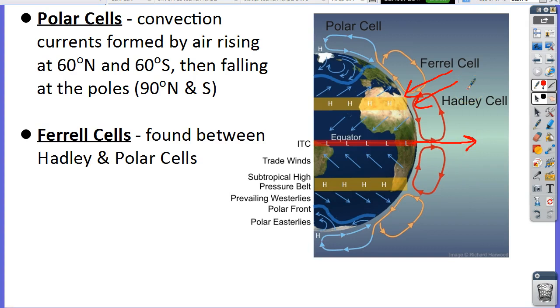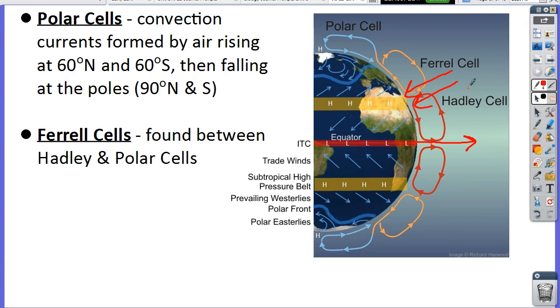So when we talk about the Coriolis effect, we need to look at the air coming down at 30 degrees, okay? So if I'm here, remember the globe turns from west to east, all right? And if I'm spinning this ball, and I start at 30 degrees, my arrow is going to curve down and to the left, right?